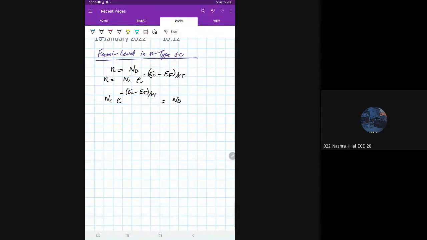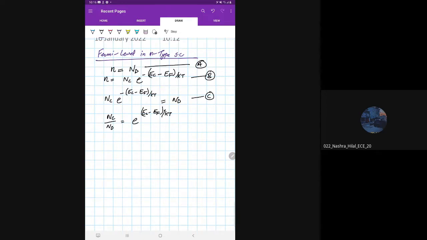If we substitute equation B in equation A, we obtain equation C. If we rearrange these terms, we obtain Nc by Nd equal to e to the power (Ec minus Ef) divided by kT.